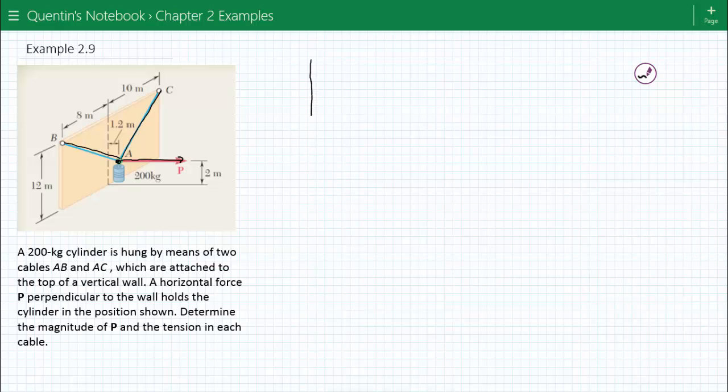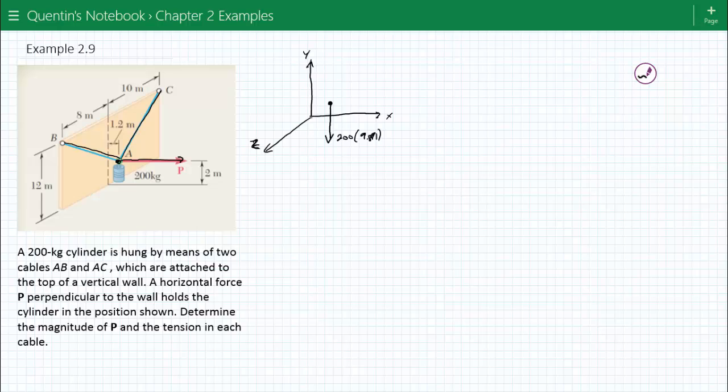Okay, so I'm tempted to just use a picture as it exists, but we need to get in the habit of drawing a free body diagram. So here we have our X, Y, and Z axes, right? And at this point right here, what do we have? You have 200 times 9.81.